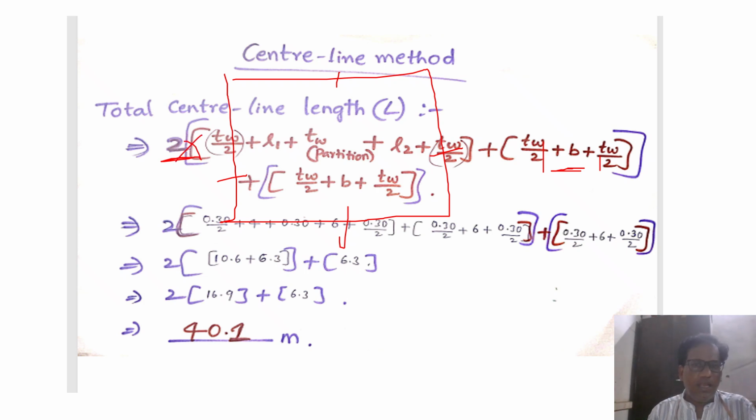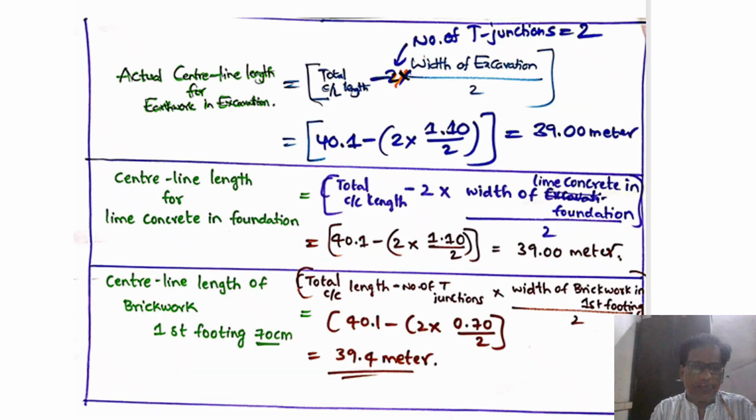And one more very important thing to know is TW partition, the thickness of the wall which is in the partition. Now we are getting the total centerline length, but it is not the actual length. When you want to evaluate the actual length for an item of work like earthwork in excavation, we take the total centerline length minus 2 times the number of T junctions.